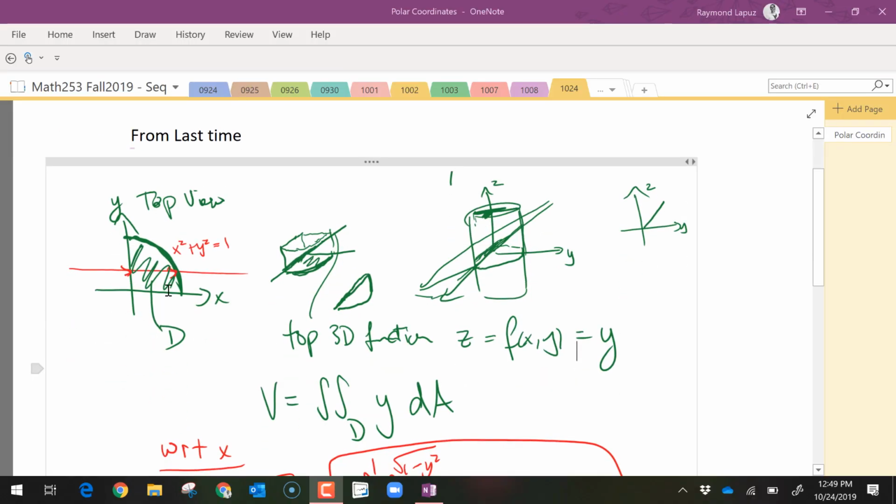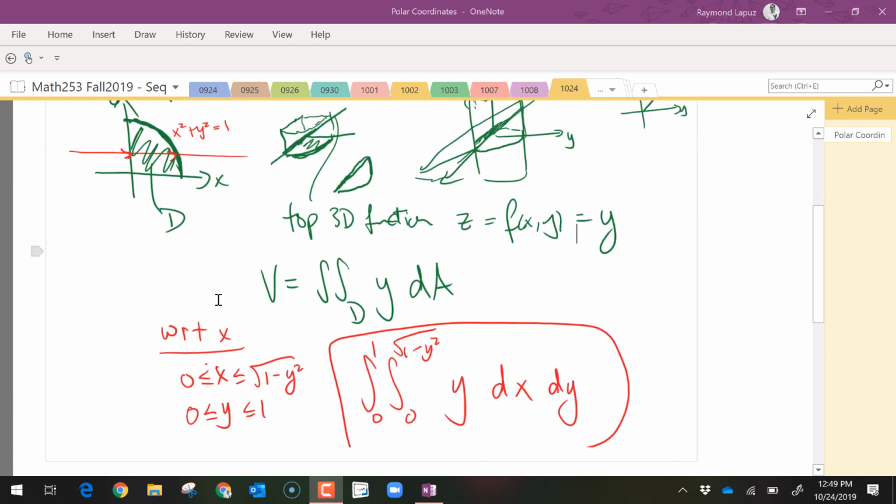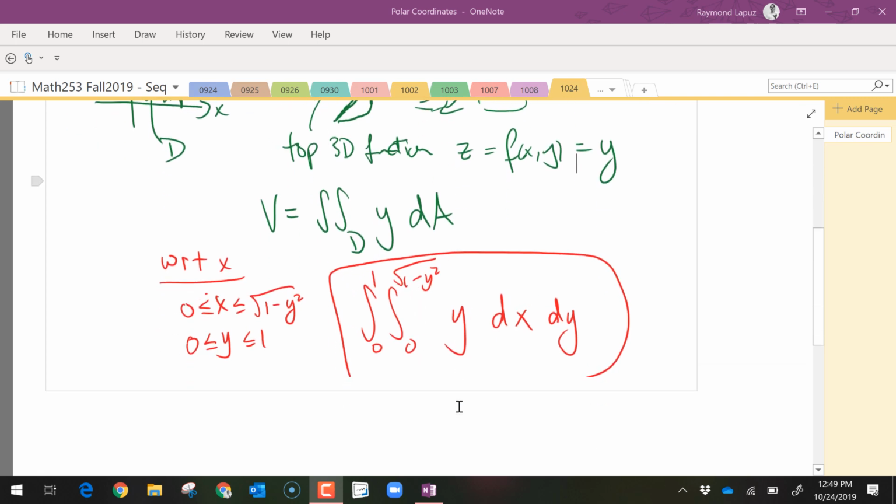From our last lecture, we came up with this example where from the top view, we saw a part of the circle, and as we were setting up the equations or the integral that we're going to integrate, we came up with something like this, which is not impossible to do. In fact, it's probably not even that hard.